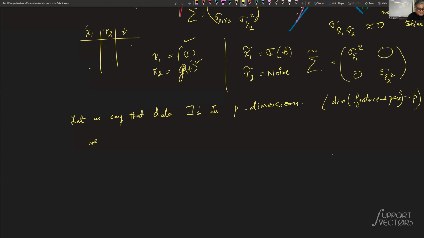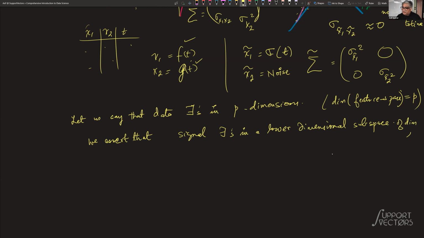We assert that signal exists in a lower dimensional subspace of the original space. Let me call the dimension of this space k, such that k is less than p.